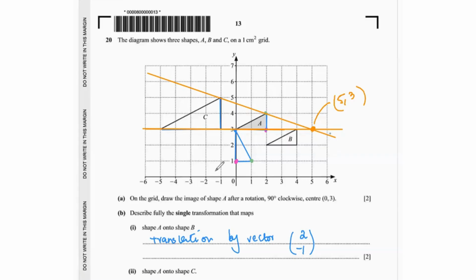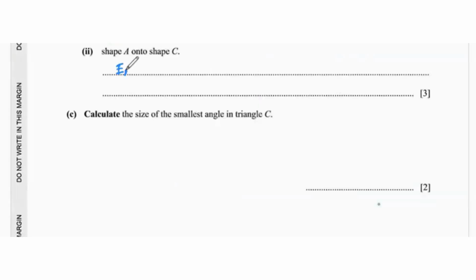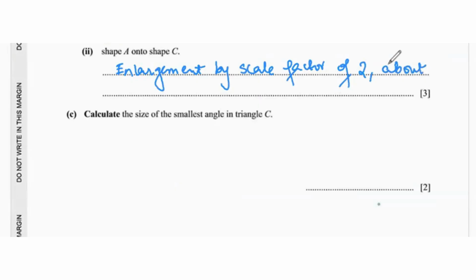So this is the transformation that maps shape A onto C. Enlargement by scale factor of 2 about the center (5, 3). Then calculate the size of the smallest angle in triangle C.